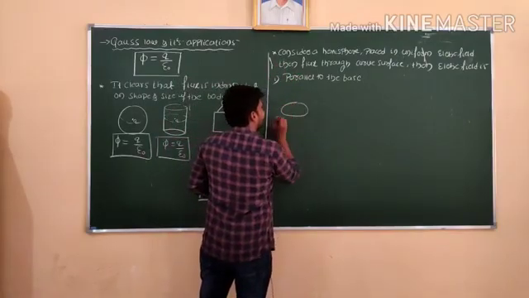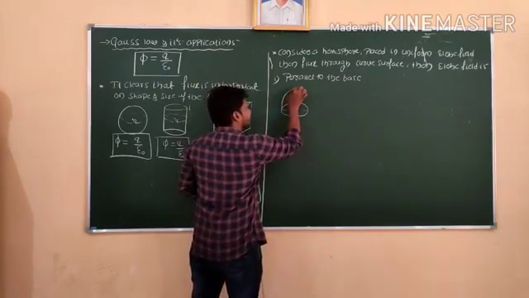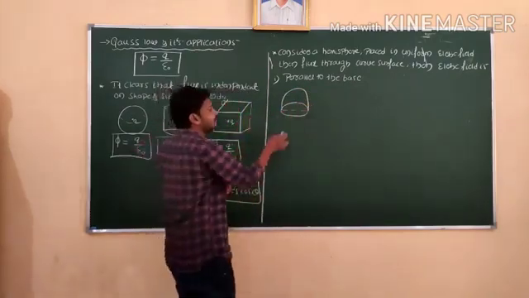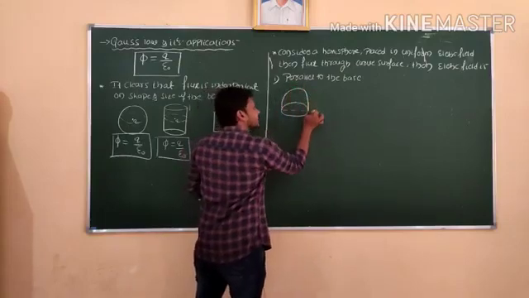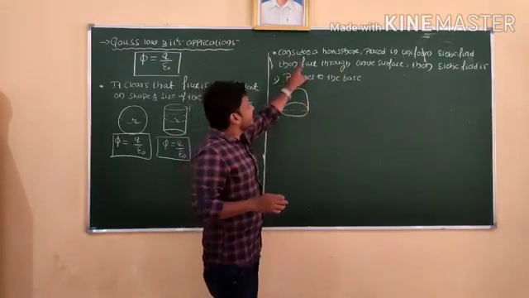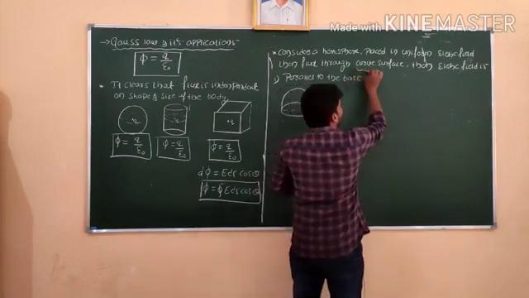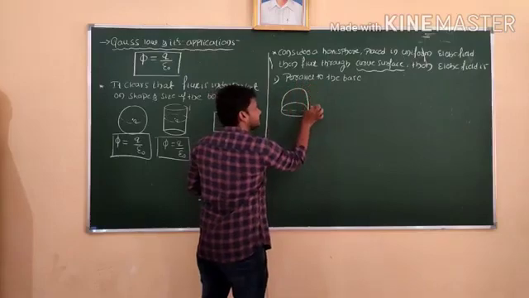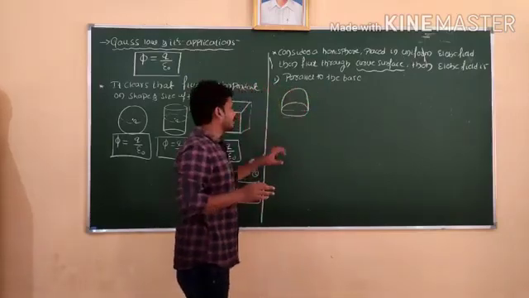For this hemisphere, this is the circular part or plane portion, and this is the curved part. My intention is to calculate the electric flux through the curved surface. So this is the curved surface, and this is the plane or circular surface.